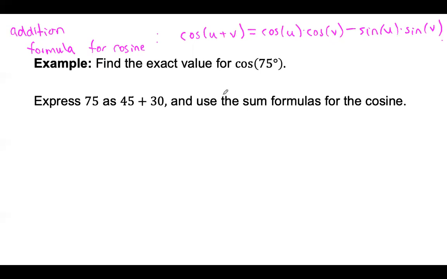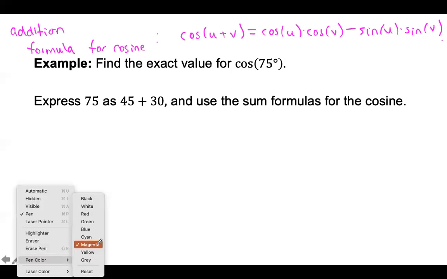So this is how to apply this formula. Well, we can't write 75 degrees in an easy way, but we could write 75 with things that we do know. We know 45, we know 30. So we could use 45 plus 30 equals 75, and then apply this cos formula.